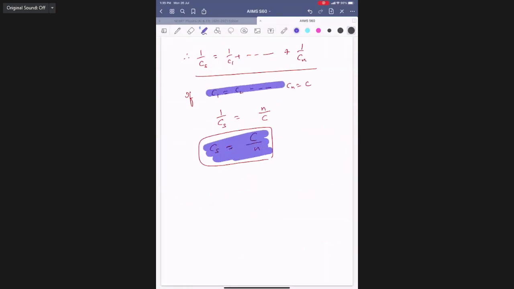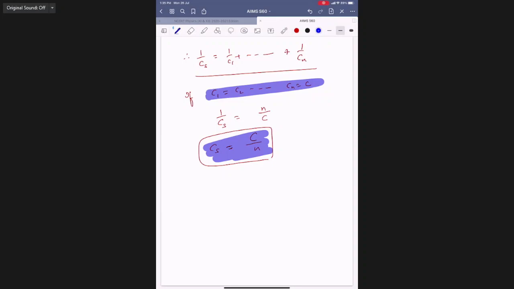What is capital C, sir? Capacitor, each capacitor here we represented here, see. Yes, sir. C1, C2, C3 all are identical. Okay, sir. Got it. Done na?